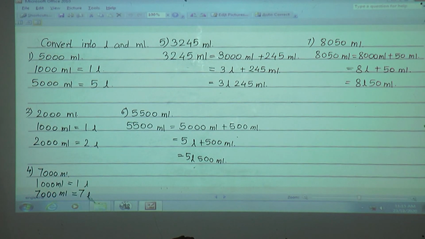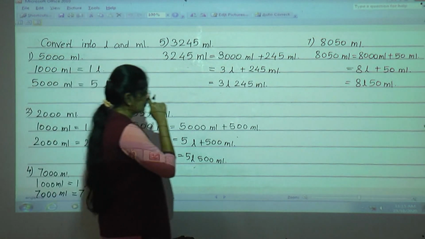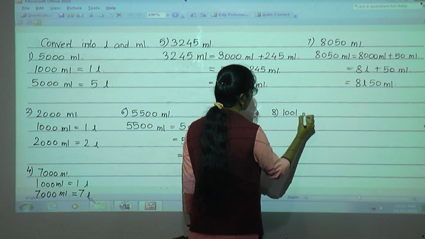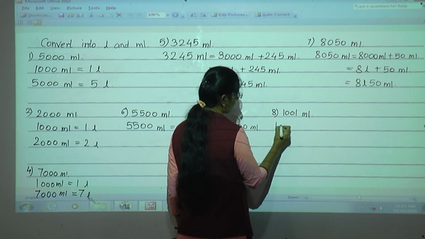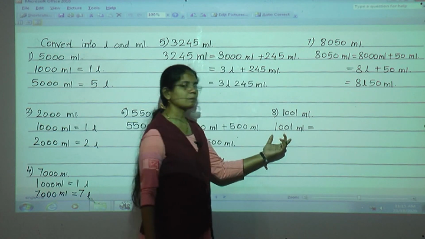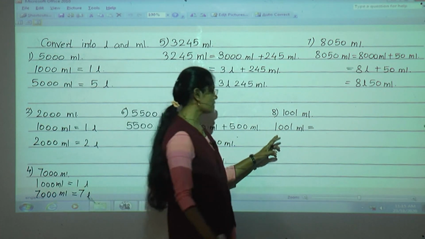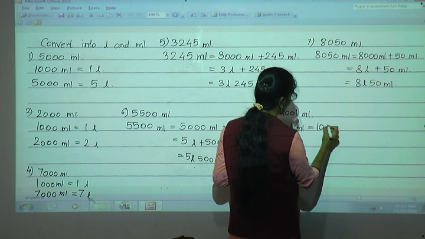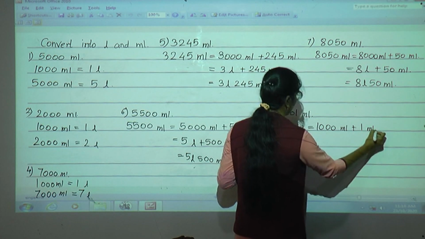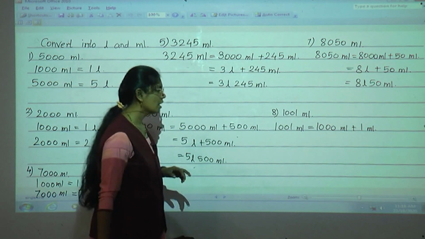Next example, see the 8th one, 1001 ml. Write down the first step. 1001 ml is equal to, split up this number 1001. Yes, how will you split up? 1000 ml plus 1 ml means 1001 ml.